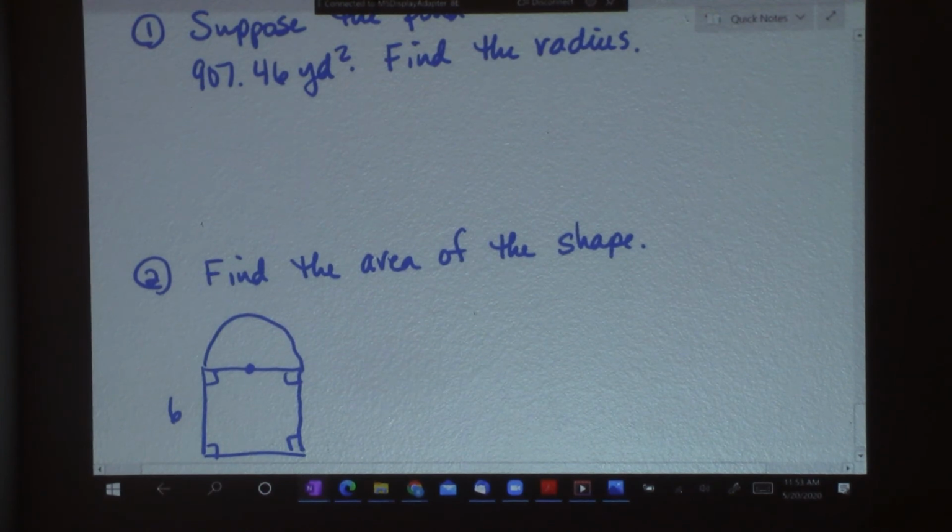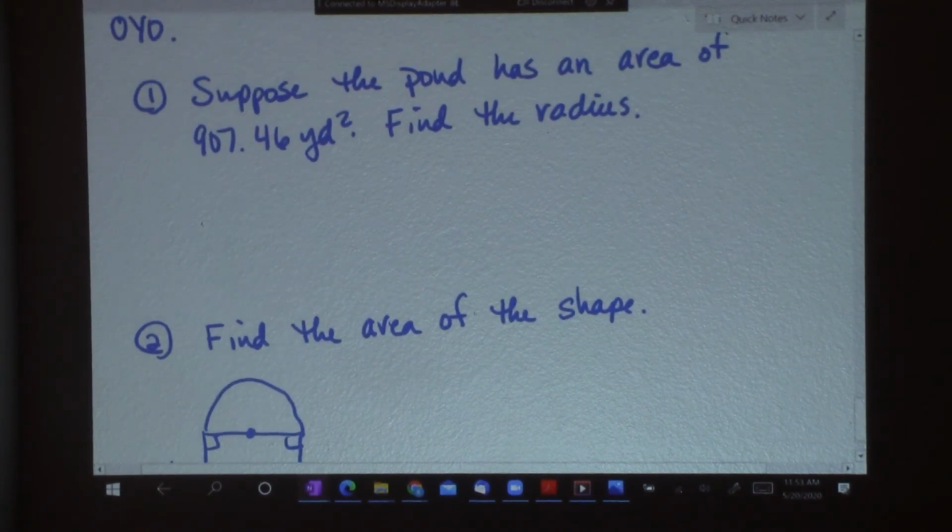All right, so let's work this out. We're going to have area equals pi r squared. So I get 907.46 equals 3.14 times r squared.